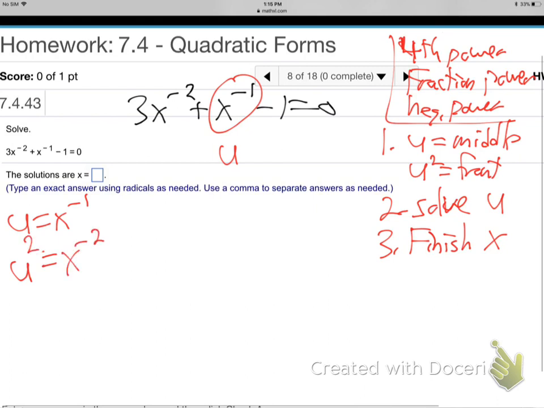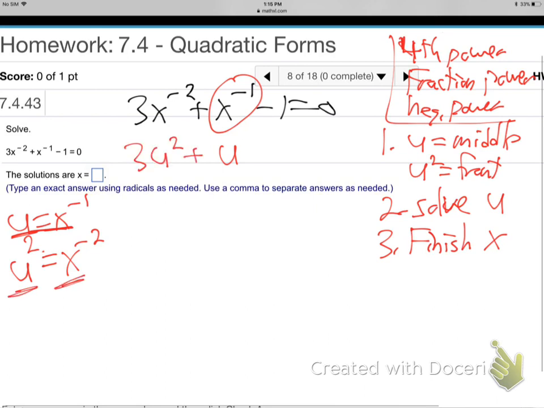It must be x to the minus 2, twice as big as negative 1. Does everybody see that? Does that make sense? If u is x to the minus 1, then twice that big, u squared, is x to the minus 2.